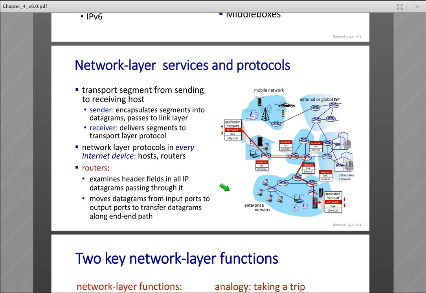We put our data or segments into the network layer, and those segments are wrapped into packets, and the network layer is responsible for sending those packets from the source to the destination, from the sender to the receiver.